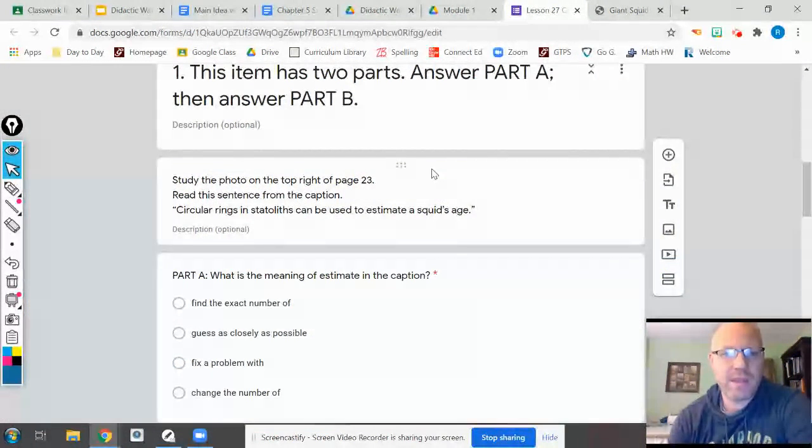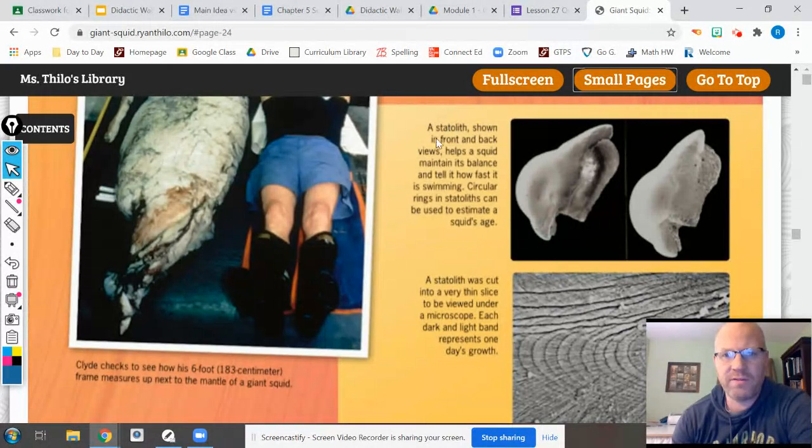Let's take a look. Study the photo in the top right of page 23. Read this sentence from the caption. Circular rings in statoliths can be used to estimate a squid's age. So that's this one here. A statolith shown in the front and back views help a squid maintain its balance and tell how fast it is swimming. Circular rings in the statoliths can be used to estimate the squid's age.